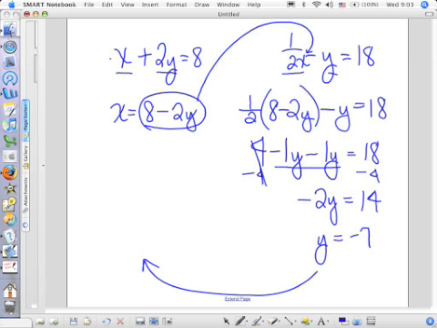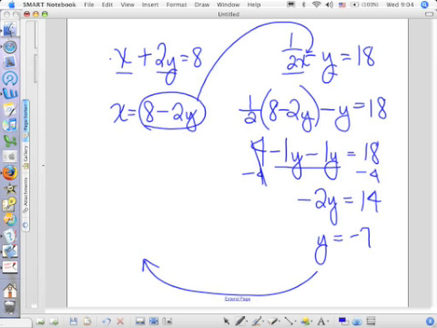Because if I put that here, the negative 2y plus 2y goes away, and 8 equals 8. All you've done is you've taken something and plugged it right back into itself. So you've said that all numbers will work. You have to plug it into something else. You have to have another relationship to plug it into.